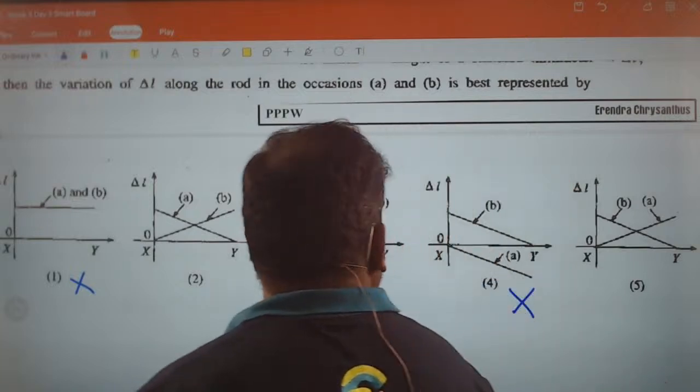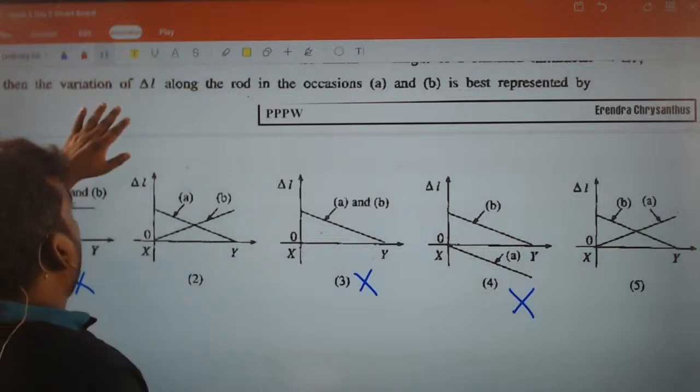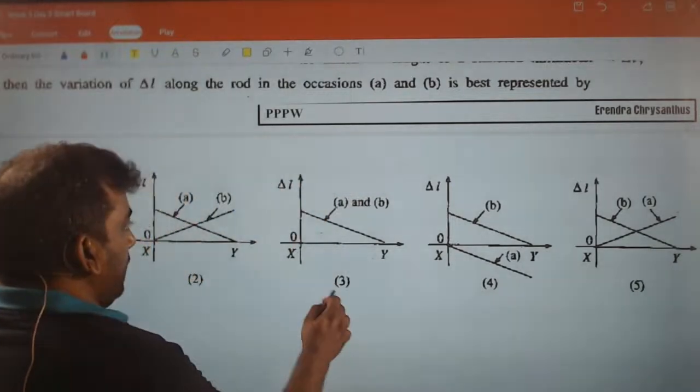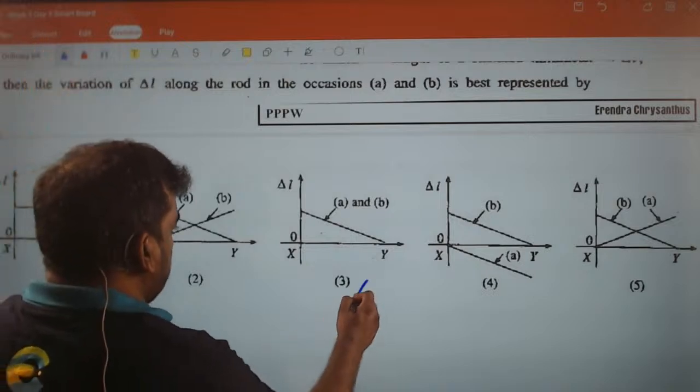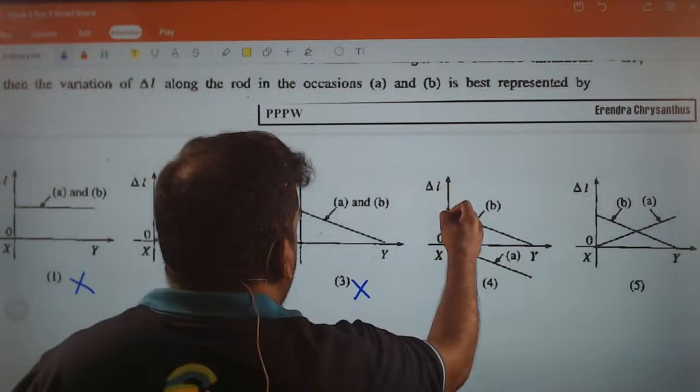Think carefully. So your selection will be between 2 and 5. But also you must think, this will never take place. Of course, these two for sure no. Can the reading or delta L be negative?